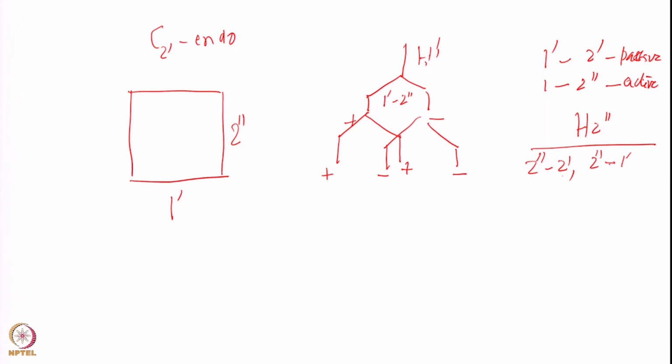So, therefore, we will not see that, right. So, H2'' has the 2'' 1' coupling, the 2'' 3' coupling which is small for the C2' endo geometry, and the 2' 2'' coupling, which is a large one. This is typically of the order of 14 Hz, this is the geminal coupling, and the other is of the order of 7 Hz. Okay. Now therefore, what is the kind of splitting here?